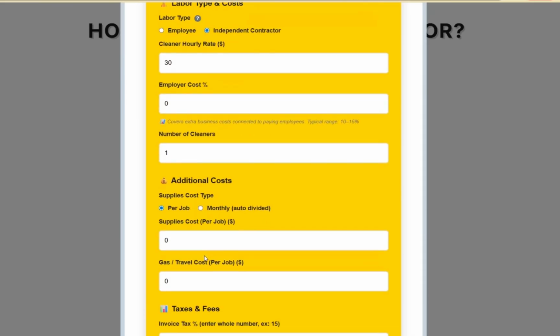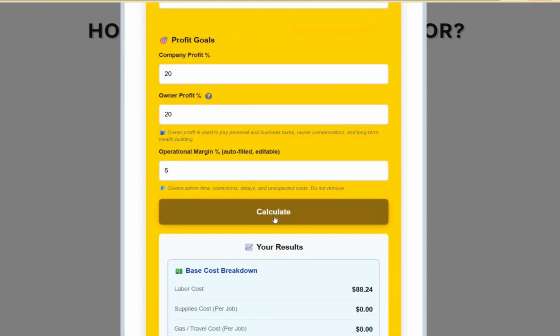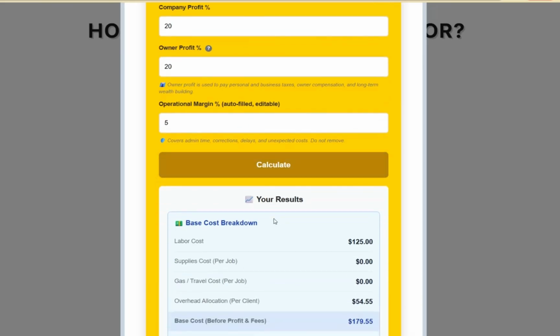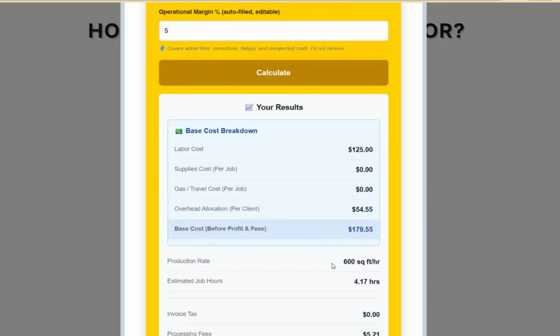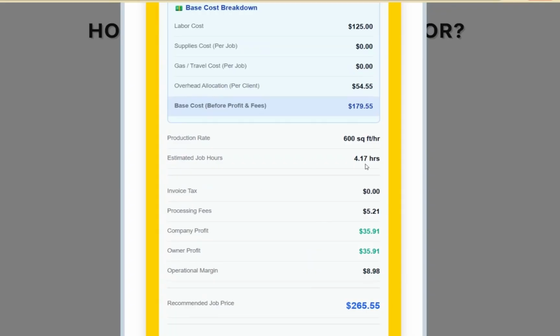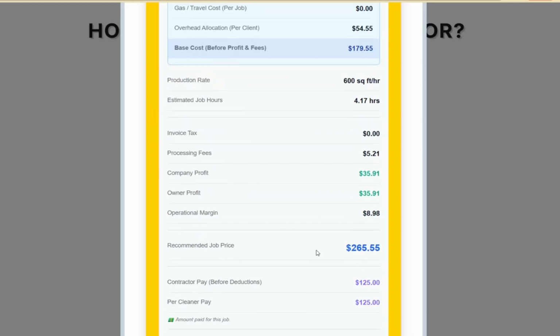Voila. So my independent contractor gets $125 for this clean. Contractors generally get paid more, right? Because they have to pay for their own supplies and gas and insurance, right? So that contractor is in there for about 4 hours. It's an estimate, y'all. It might not take 4 hours, but this is just an estimate, okay?